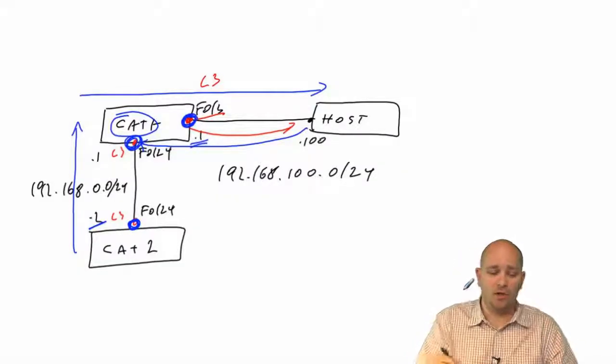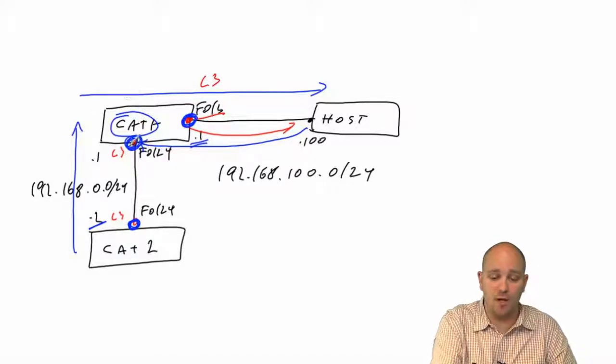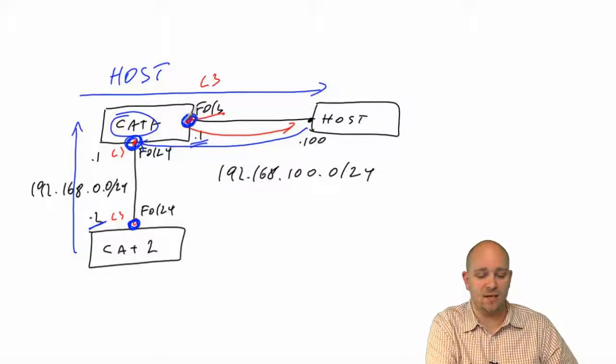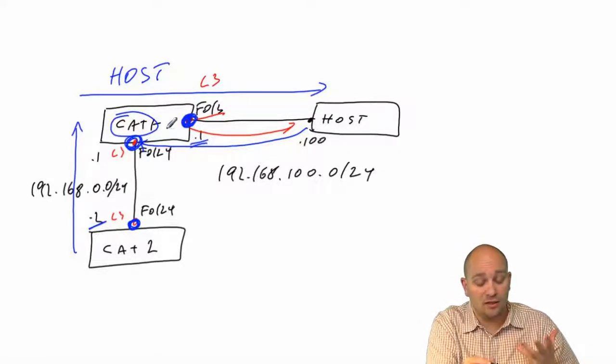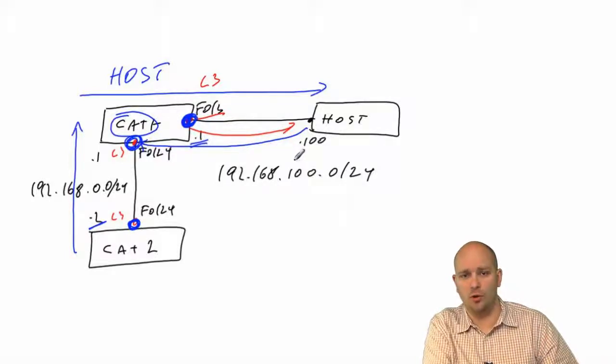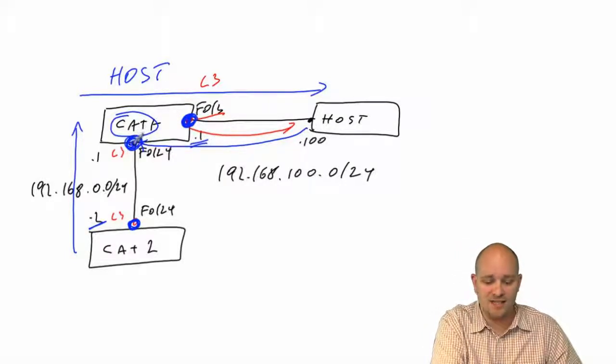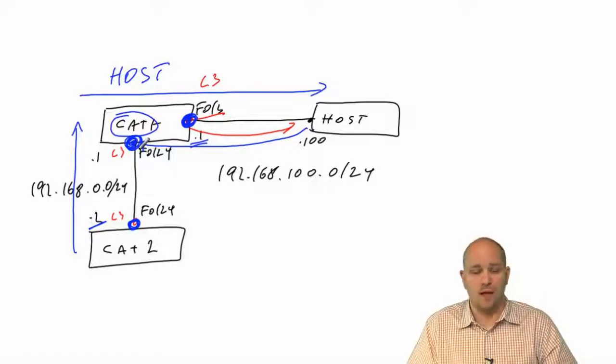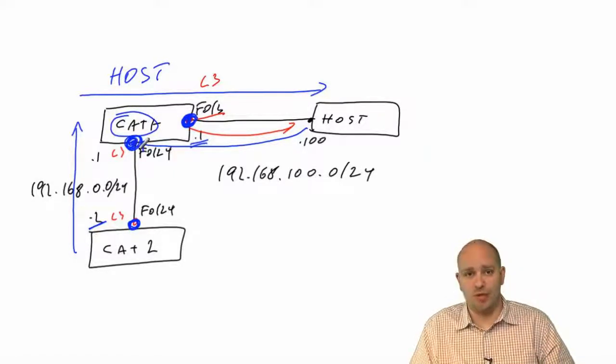What is happening here is, remember, Cat1 is just a host. It's not acting as a router. When I send the ping to this IP address here, the switch knows how to respond. When I send ping to this address here, which is also one of the addresses of switch 1, switch 1 knows how to respond.